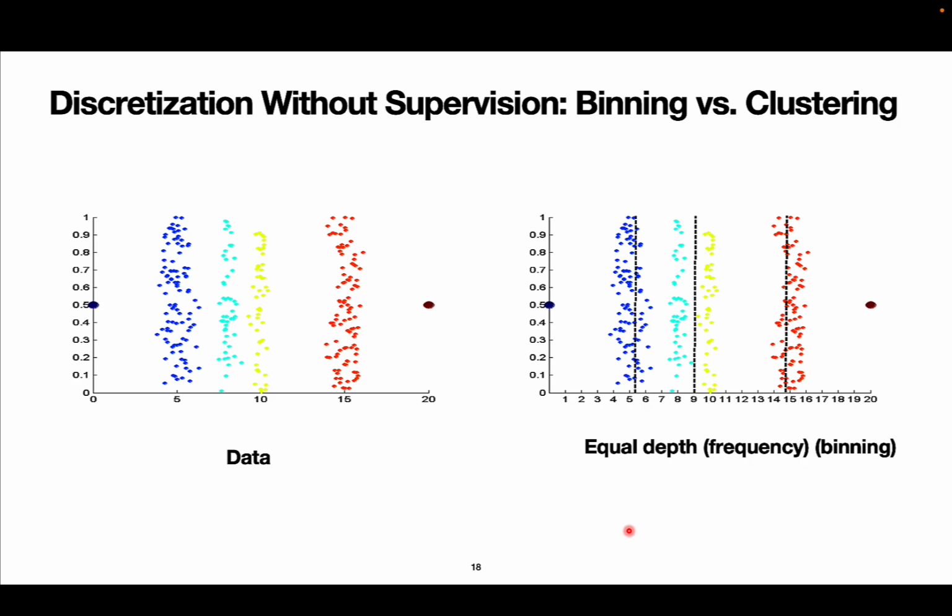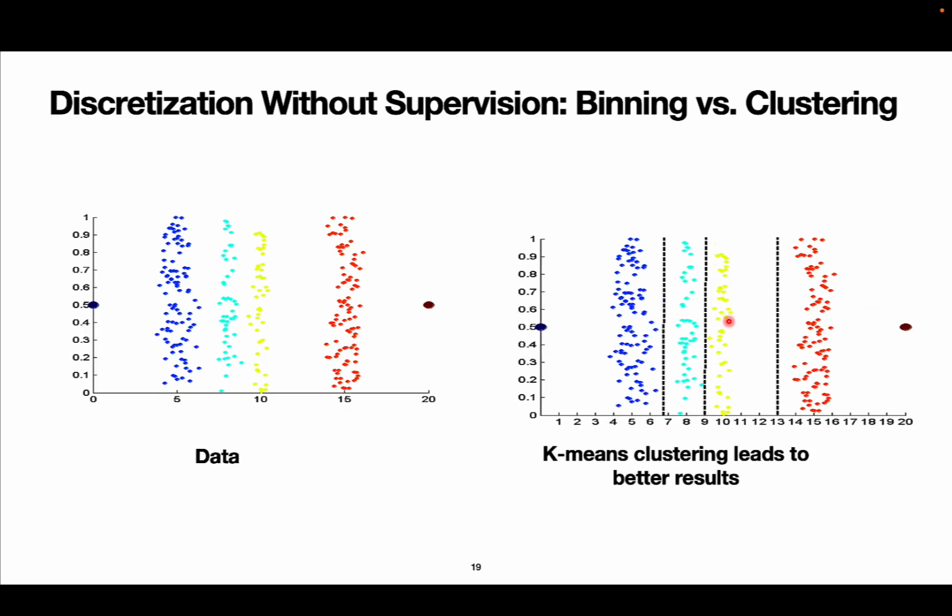On the other hand, the equal depth method has slightly improved on the previous method, but still there is no separation between different classes. So the second bin has data points that belong to two classes, and similarly the third bin. So for this type of data sets, clustering works the best because it's going to create partitions where the data members are similar to each other.